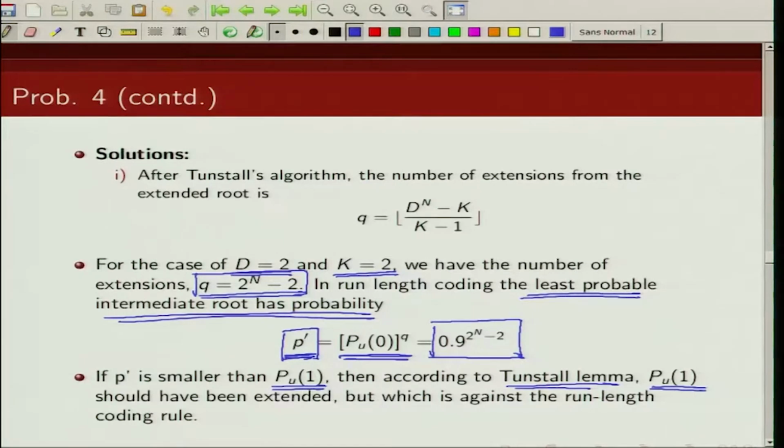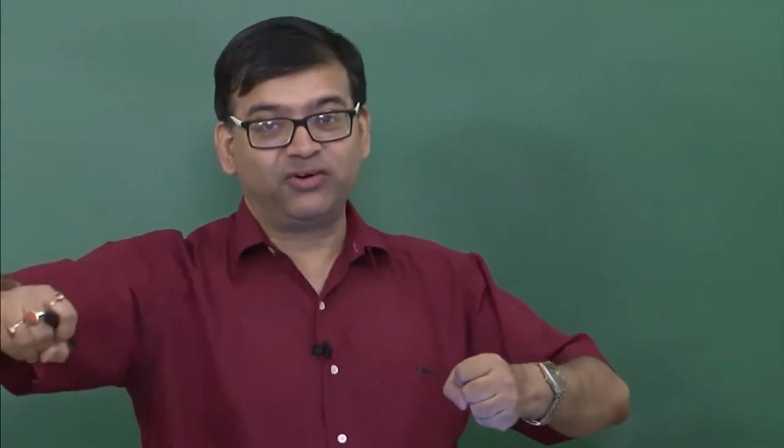But then that would have been against the rules of run-length coding, because in run-length coding we extend zeros; we have runs of zeros and n runs of zeros.